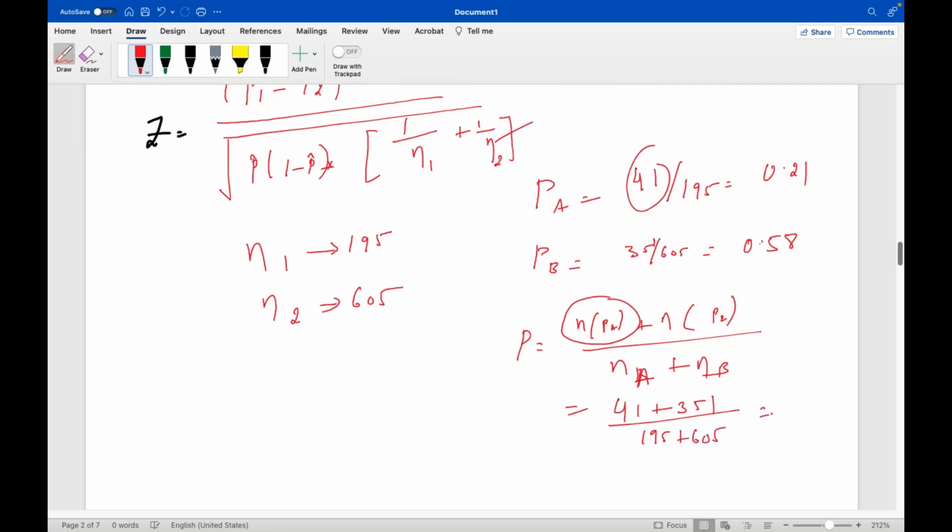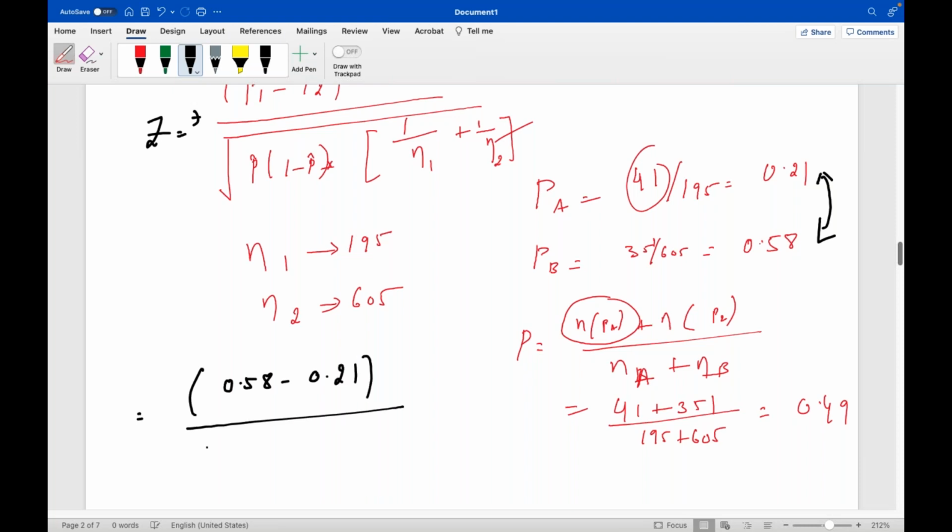What is the value? It's 0.49. We just need to substitute these values in the formula. For proportion 1, we can take either one, but whichever gives the positive value we consider as proportion 1. So the highest value I take as the first value, and the smaller one as the second.